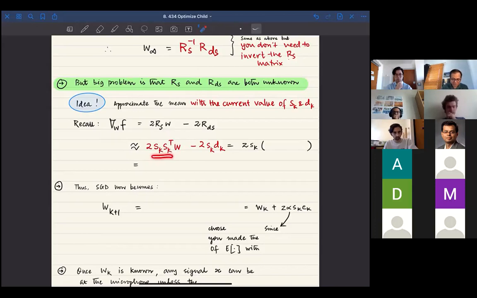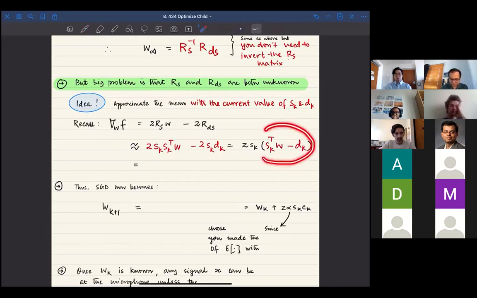So you take that approximation for your gradient. Now look, you take 2 SK out. What you have is SK transpose W minus DK.